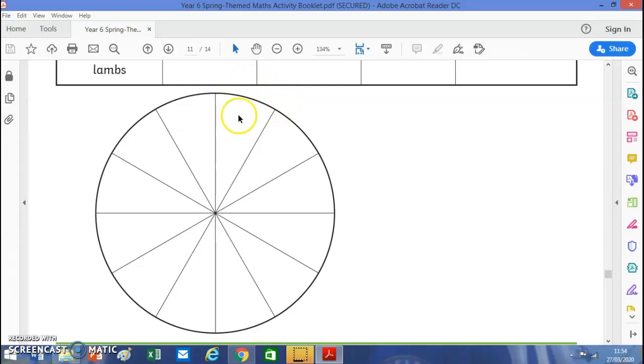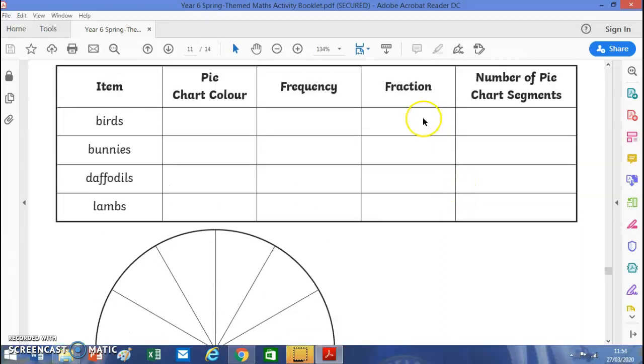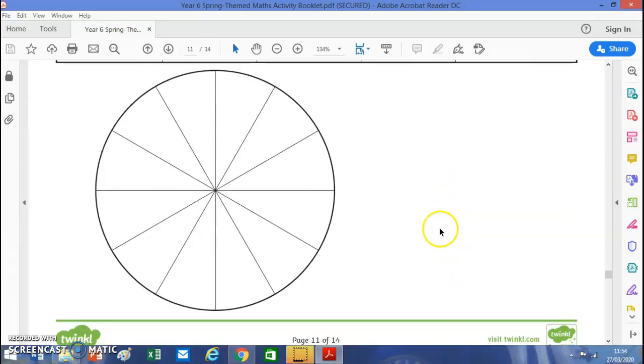Now here we have 1, 2, 3, 4, 5, 6, 7, 8, 9, 10, 11, 12. So there are 12 segments in the pie, and what you need to do is, working with the numbers that you've got in this fraction, I would be trying to work with twelfths, if that would make things easier for me. You need to work out how many objects are represented by one slice of the pie.